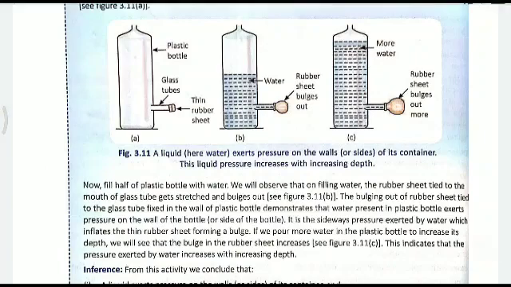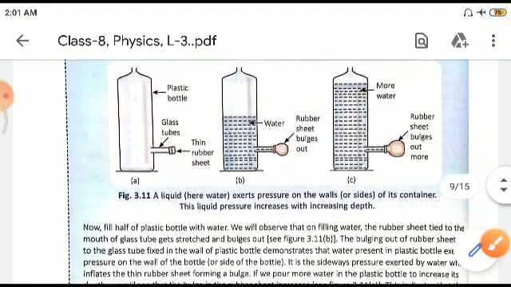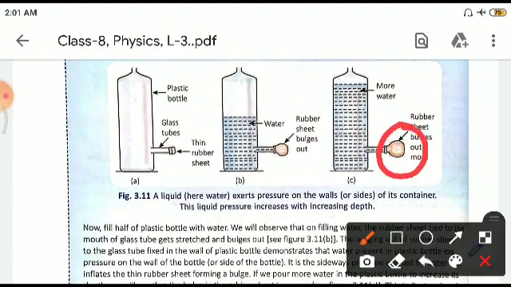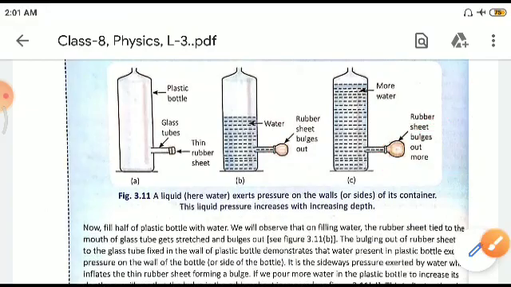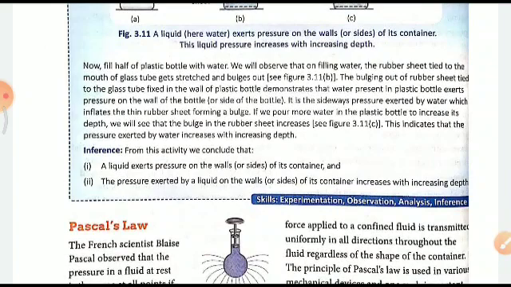See, there is a small bulge here, but if we increase the water level, you can well see that this bulge is more in comparison to this one, because in the C case the pressure is more than B, right. So we can infer that a liquid exerts pressure on the wall of its container, and the pressure exerted by a liquid on the wall of its container increases with increasing depth.